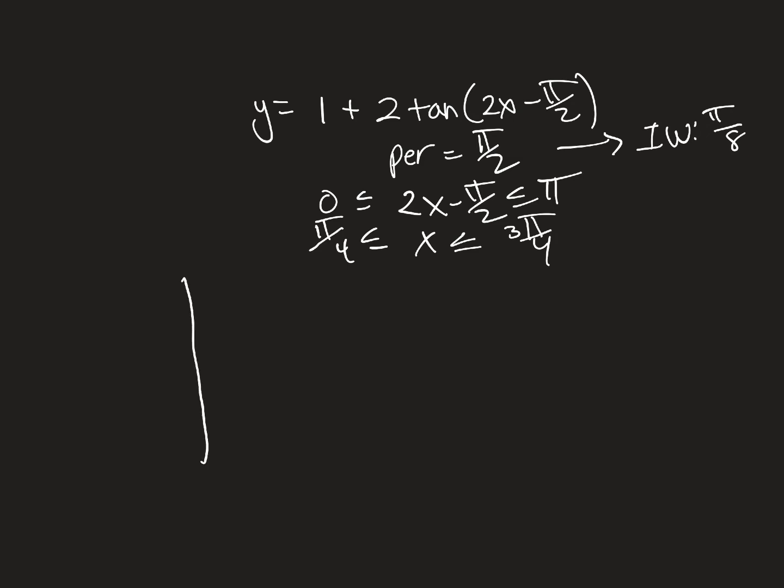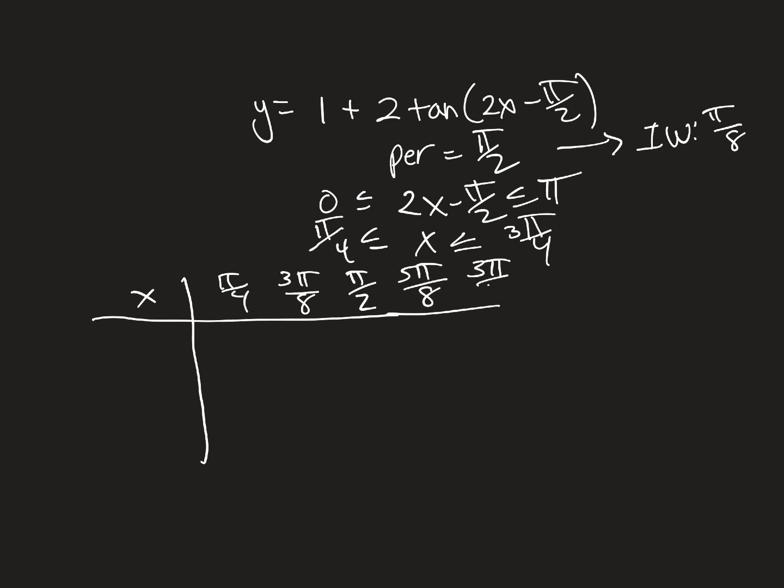All right, so thinking about this tangent here. So I've got pi over 4, which is 2 pi over 8, so 3 pi over 8, 4 pi over 8, which is pi over 2, 5 pi over 8, 6 pi over 8, which is 3 pi over 4. And if we think of tangent, well, when I plug in pi over 4, I should be getting 0.